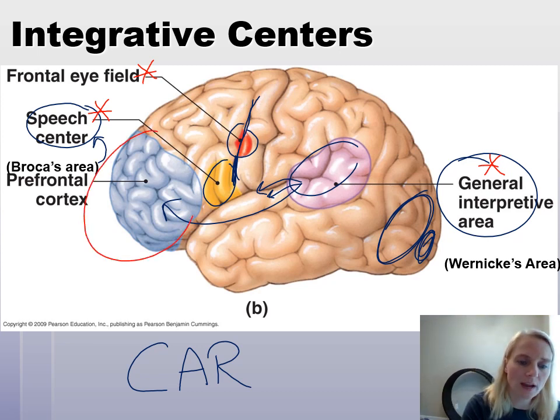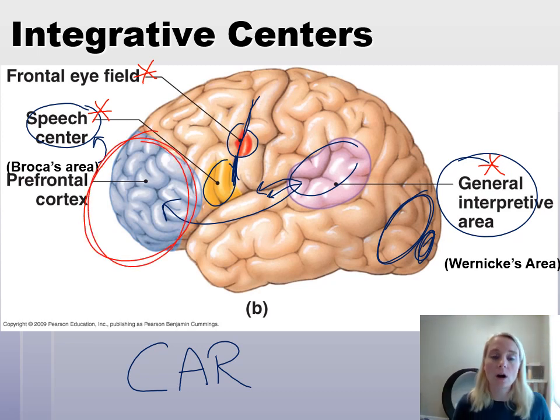Your prefrontal cortex, this is where your conscious, well, all of this is conscious, but this is where your personality resides, your logic, your predictions.